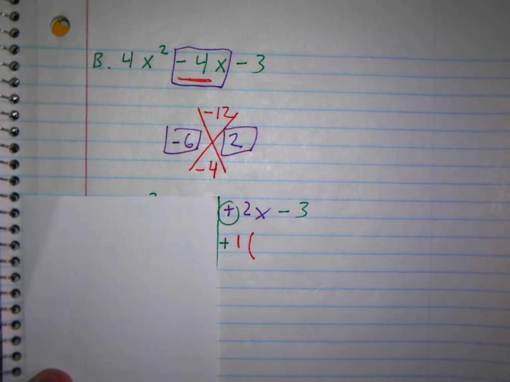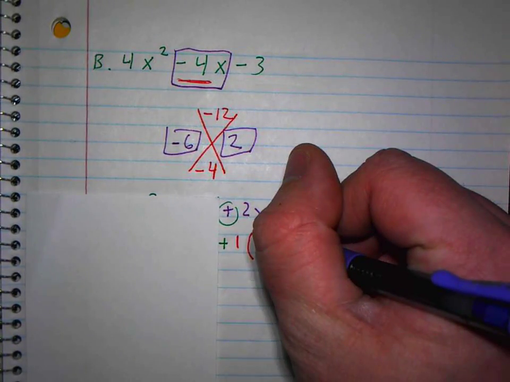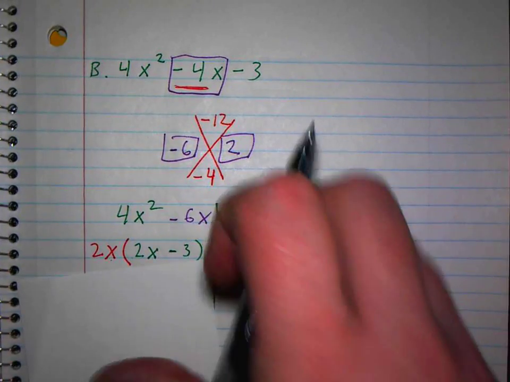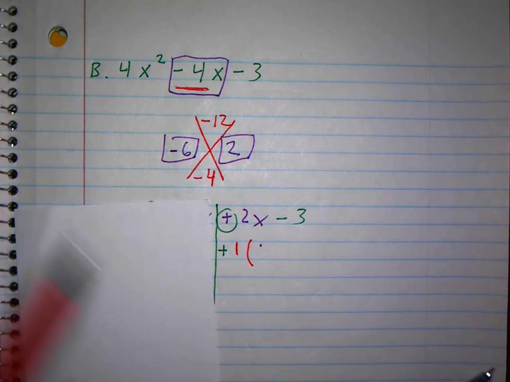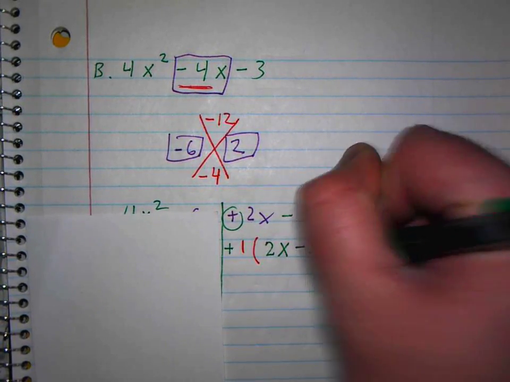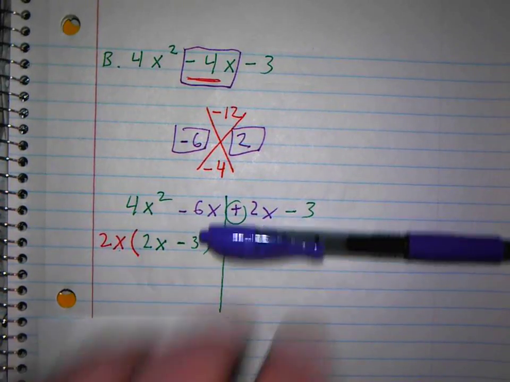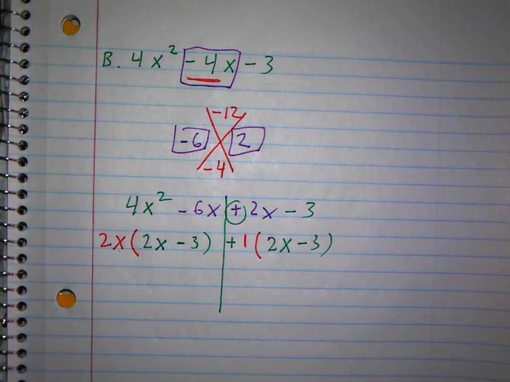So you're left with a 2x minus 3. And even I peeked. I'm like, did I get 2x minus 3 over there? Yeah, okay. That's how I know I did it correct. There's a very high probability of you doing it correct, but those are the same.